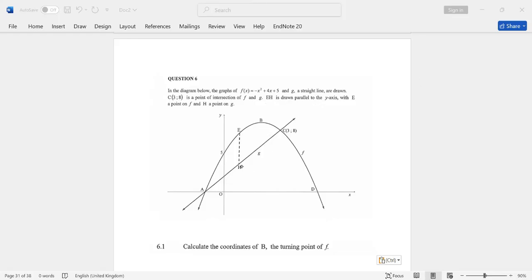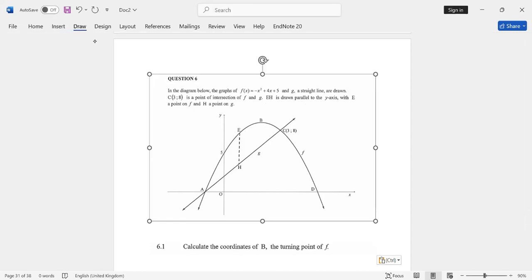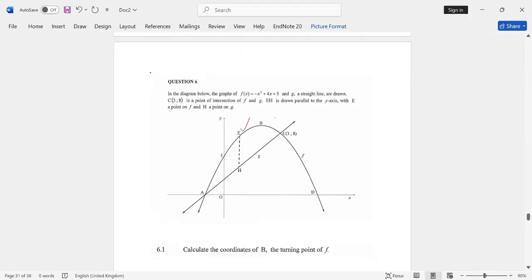Okay, this is the EH. This is the point E and this is the point H, with E a point on f, and H a point on g.